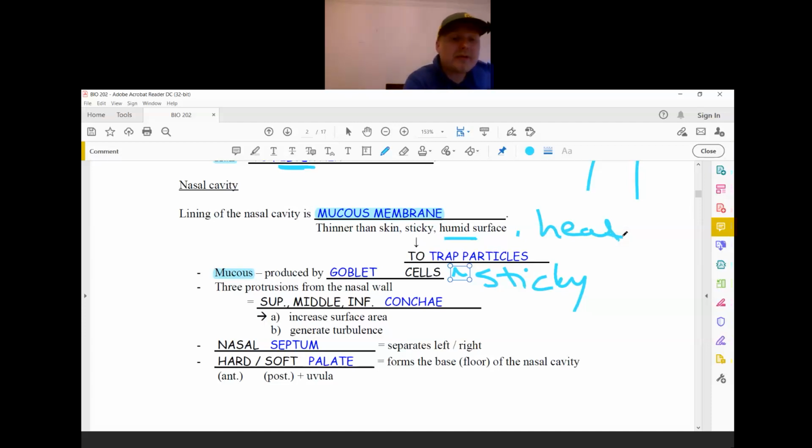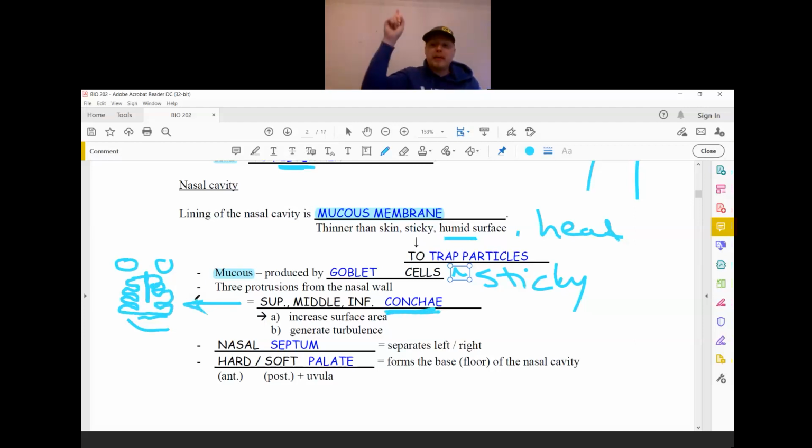If we look straight at an individual, here we have the eyes, and here we would have the mouth. Within the nasal cavity, when we remove the nose, we have the nasal septum that divides it into two. And then from the nasal cavity we have three protrusions coming out. These are known as the conchae. We have the most superior one, the middle one, and the inferior one.